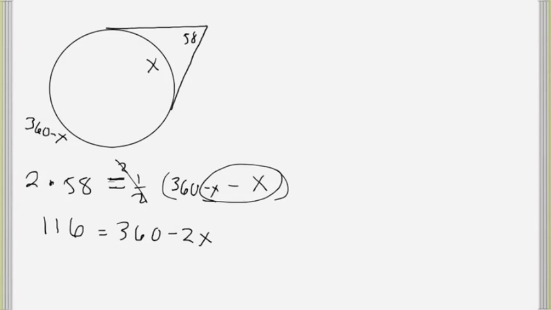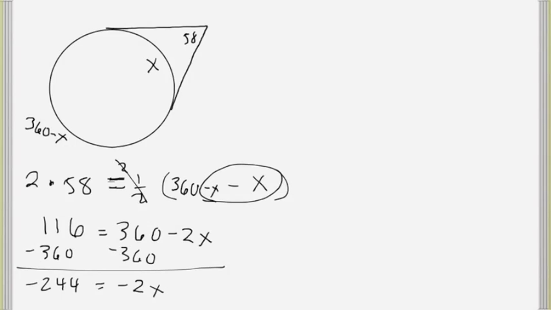Then I would subtract 360 from both sides. That gives negative 244. And divide by negative 2. That gives 122.